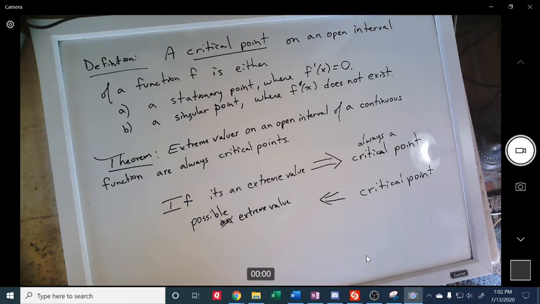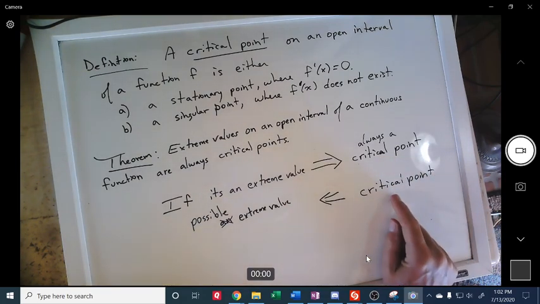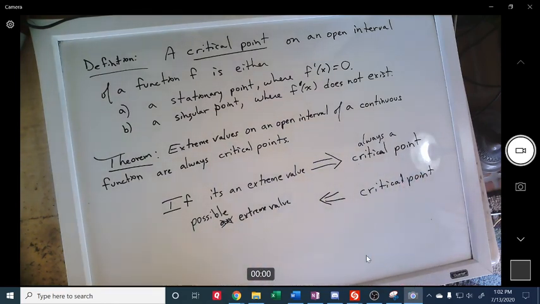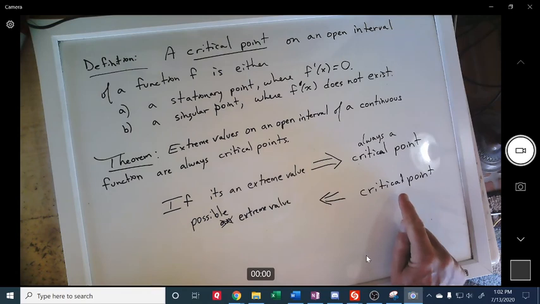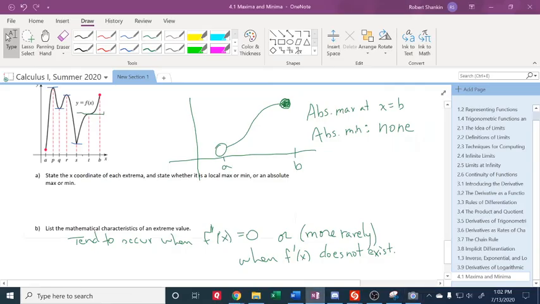Every extreme value on an open interval of a continuous function is a critical point. But being a critical point is not the same as being an extreme. That doesn't mean that these two are the same thing. Being a critical point, there are exceptions, and here's one of them, where the derivative was 0 for an instant, and then it changed its tendency. Instead of this curve dropping down, it then changed and started going up again.